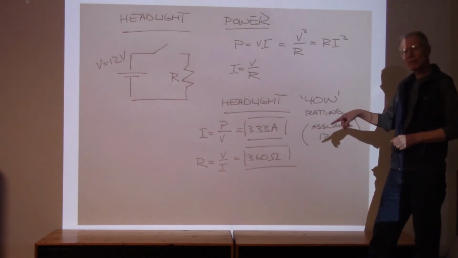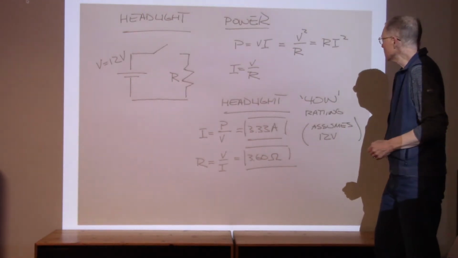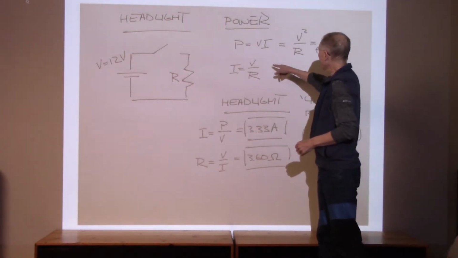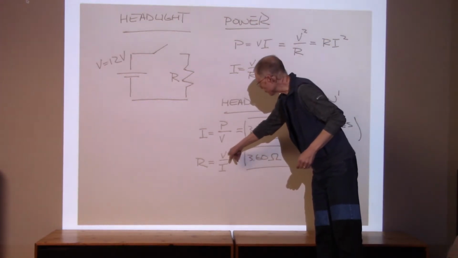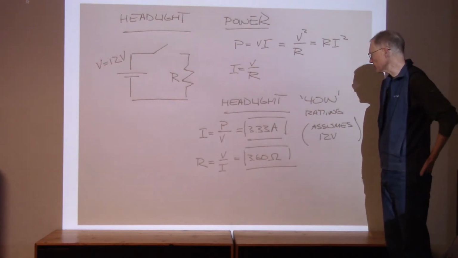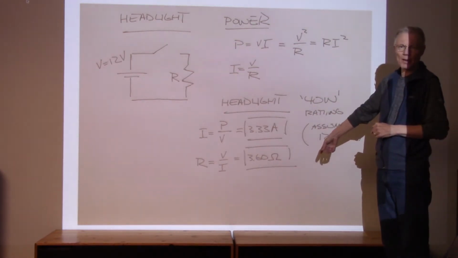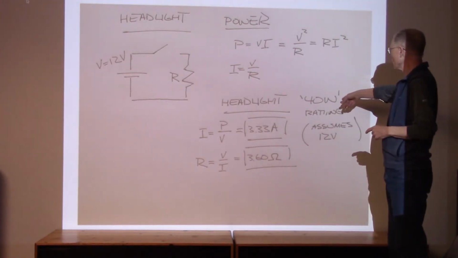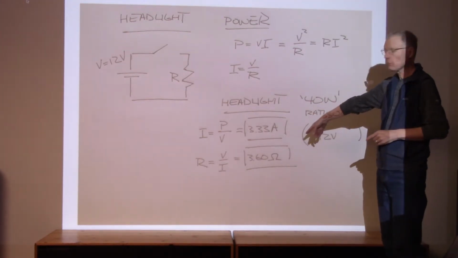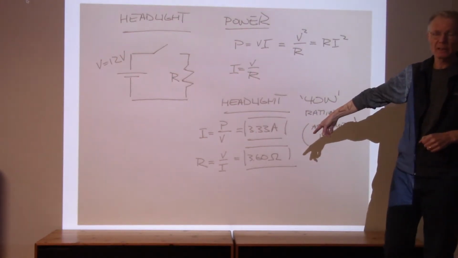Then we can take that one step further and ask, what is the resistance of this headlight? To calculate R, I came back to our other formula, V over I, and the numbers worked out to be 3.6 ohms. So you think, that's what they should be telling us on the box. They shouldn't tell us it's a 40 watt headlight. They should tell us it's 3.60 ohms, because that's its intrinsic property.